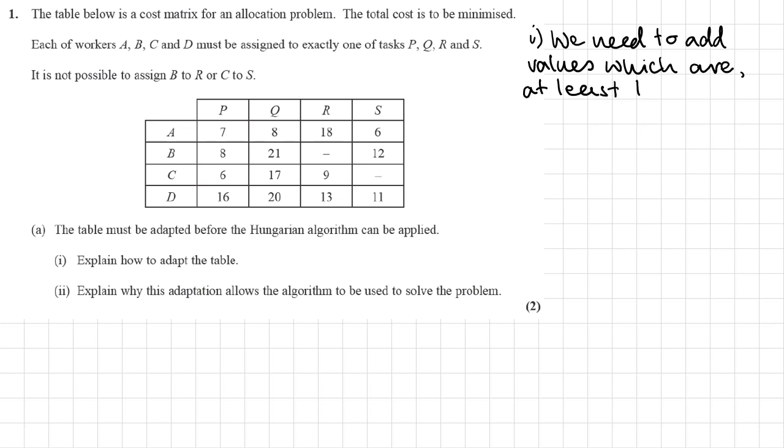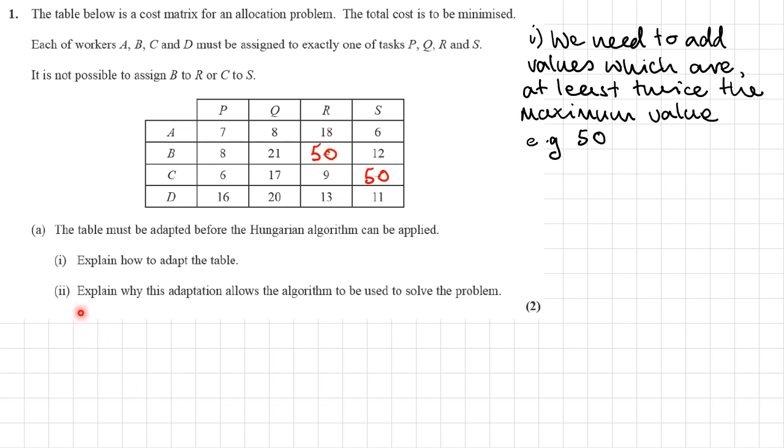Now, the maximum value in this table I can see is 21, so this needs to be at least 42. So let's say, e.g., 50. So I would put 50 here and 50 here, for example.